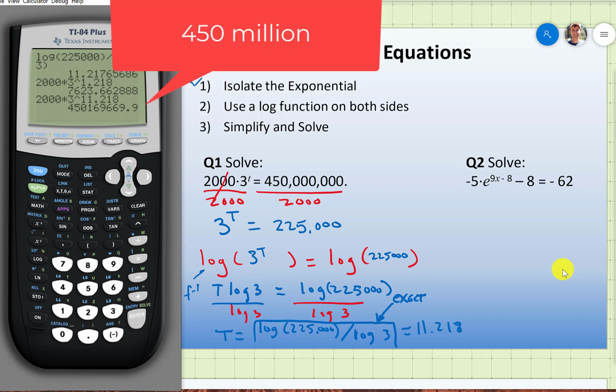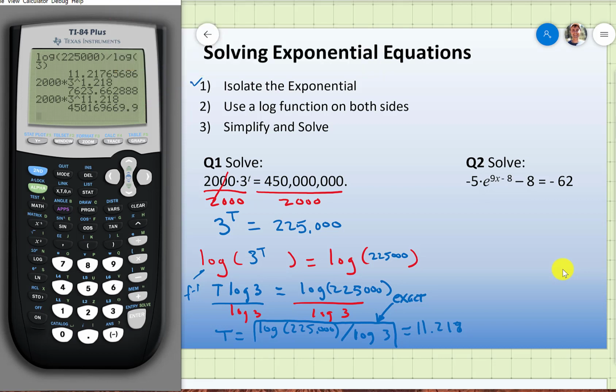And because we plugged in a round off, we're not getting an exact result. But it's so close to 450,000 that we know that it's checking. So we plugged in an approximation and we got an approximately correct answer here. That's one way to check. Another way to check is using the graphing method. But let's go on and solve another one here.